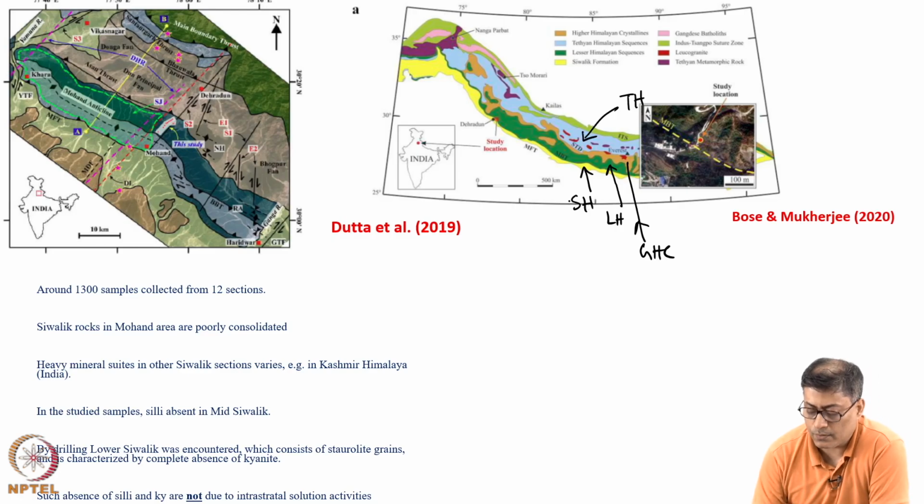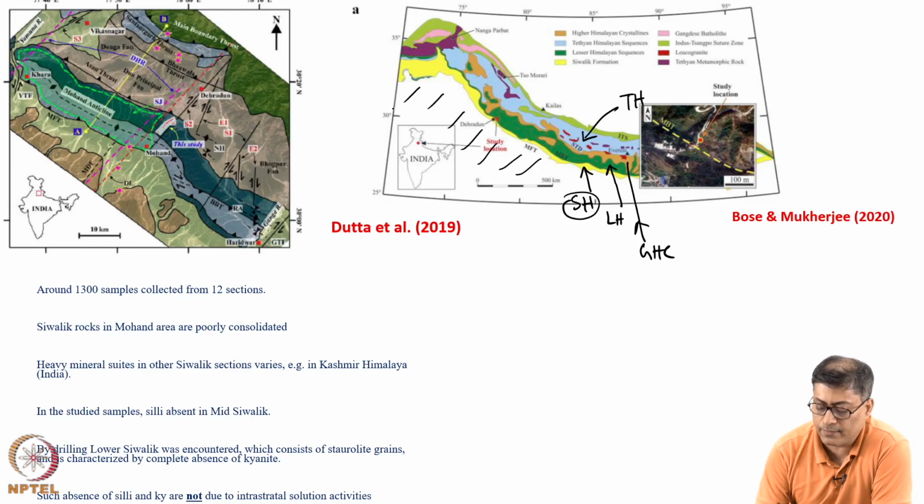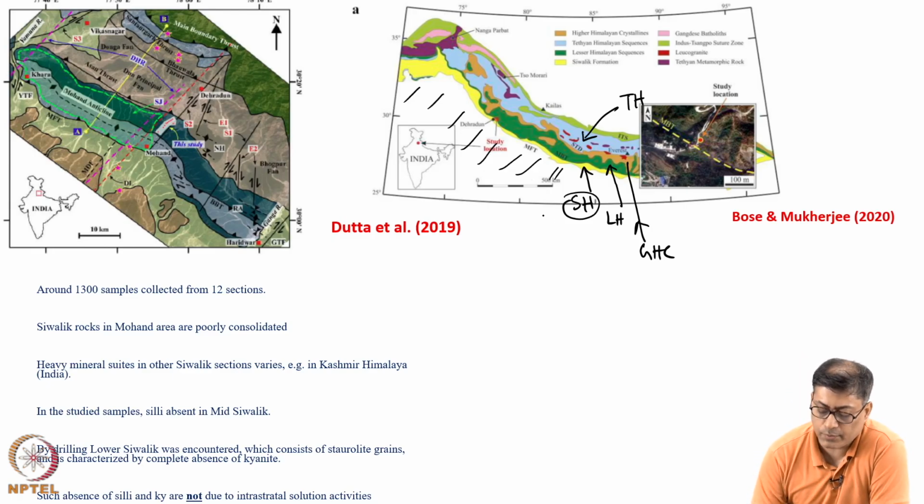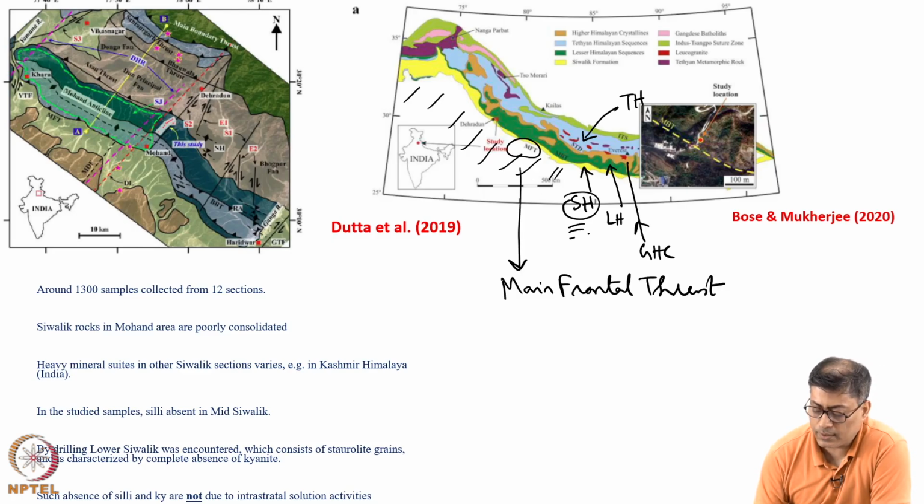South of the Shivalik Himalaya lies the Indo-Gangetic plain, and that is not a part of the Himalaya. The contact between the Indo-Gangetic plain and the Shivalik is the MFT. The contact between the Shivalik Himalaya and the lesser Himalaya is known as the MBT.